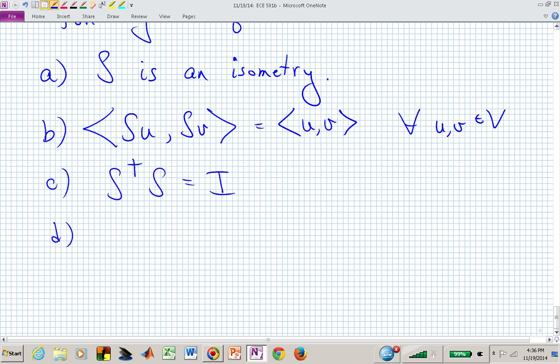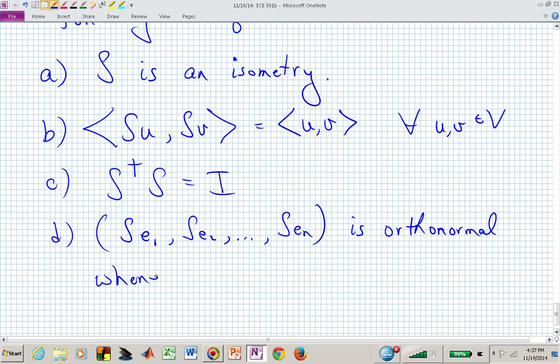Another equivalent statement is if we now take SE1, SE2, and so on through SE sub n, that list will be orthonormal whenever the original E's, E1 through E sub n, form an orthonormal list.